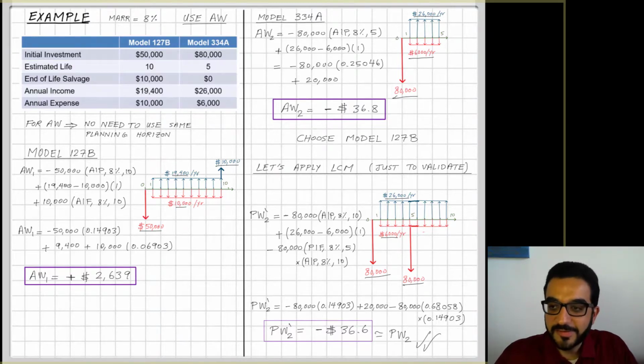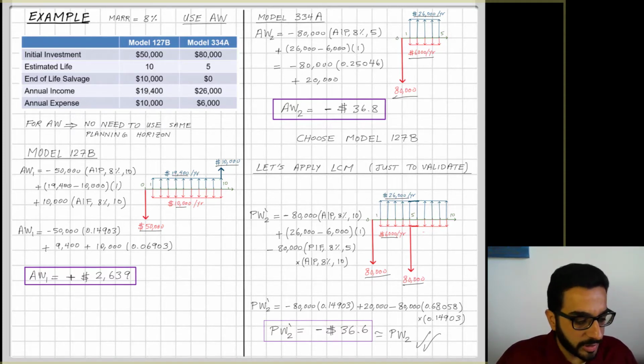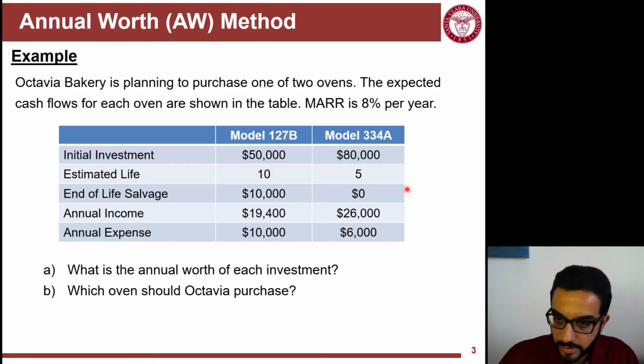But really, it's just a wasted effort if you use LCM when you apply annual worth. Why do a second cycle if you get the same answer? So when you use annual worth, please don't apply least common multiple and unify the lives of these cash flows. Just stick to what's given to you, and you will end up with still the same value that will help you to end up with the correct economic decision here.